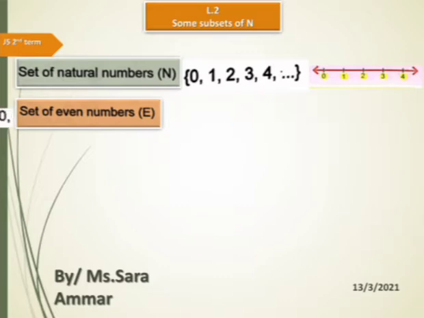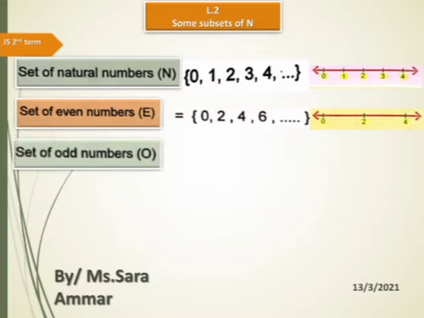So this set is also included in N. We can find in the natural numbers 0, 2, 4, 6, all of them are in N, so this is a subset of N. It's also an infinite set. You don't know what is the greatest even number. And this is how it looks on the number line.